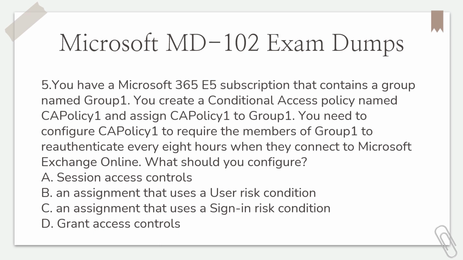What should you configure? A. Session access controls. B. An assignment that uses a user risk condition. C. An assignment that uses a sign-in risk condition. D. Grant access controls.